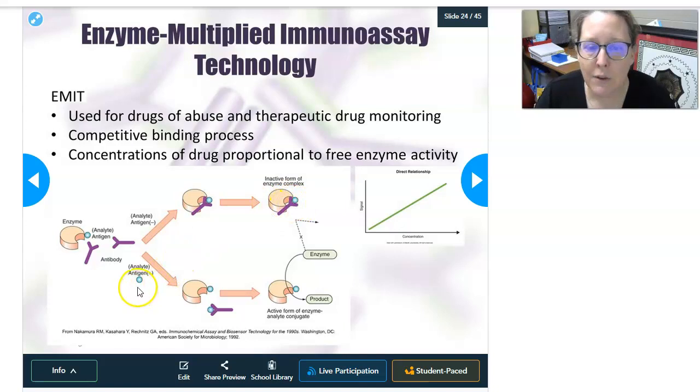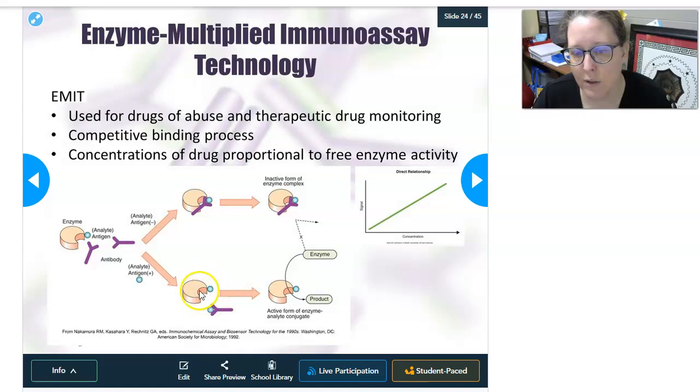Okay. If the antigen is present in the sample, so the drug of abuse you're trying to detect is present in the sample, then that antigen is going to pick up all these antibodies, and therefore those antibodies will not bind to the enzyme-bound antigen in the reagents.